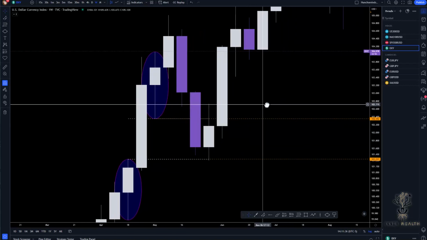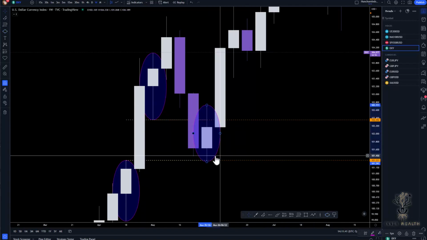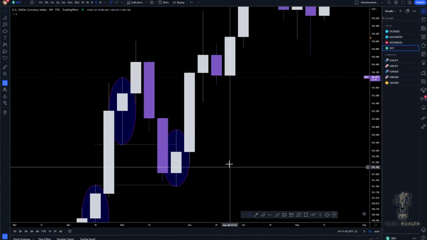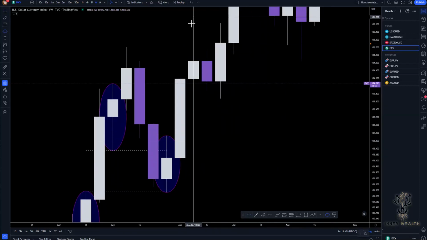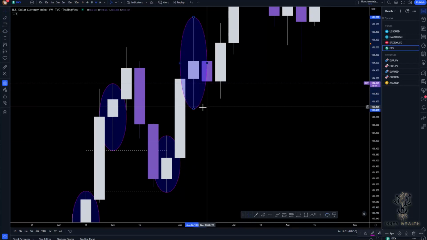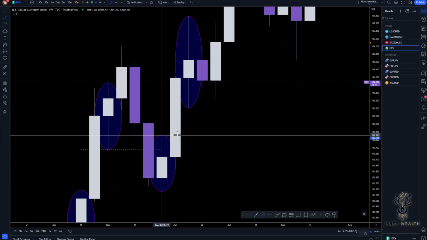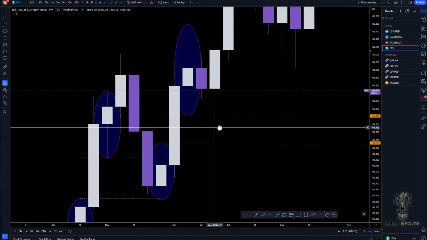Okay, so another bullish example here would be the high of this first candle. Let's delete this last example. Okay, the third candle here. Okay, and then you guys can see that we created this bullish example right here from the high of the first candle and the low of that third candle.